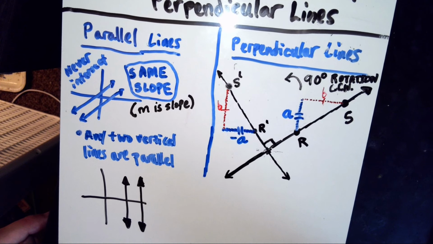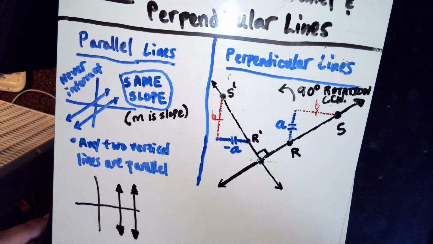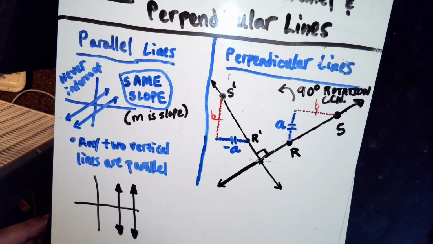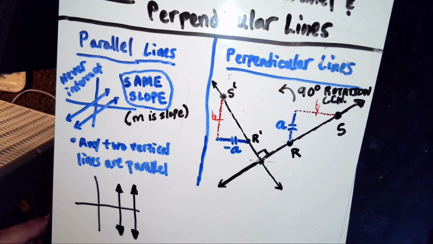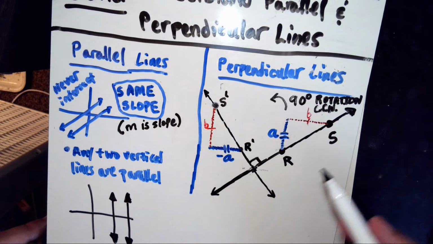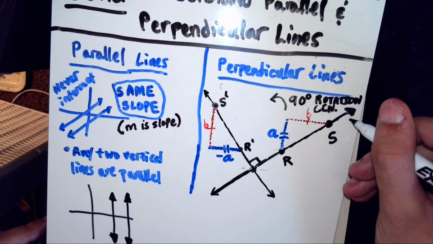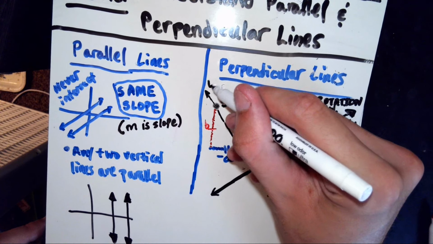Now let's go on to perpendicular lines. Perpendicular lines are a little bit harder, but I got this picture to aid us in understanding the relationship between the slopes of perpendicular lines. So in this picture, we've got this line here. I'll call this line L1, and then I'll call this line L2.